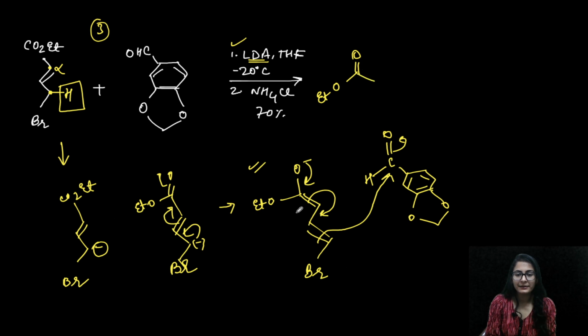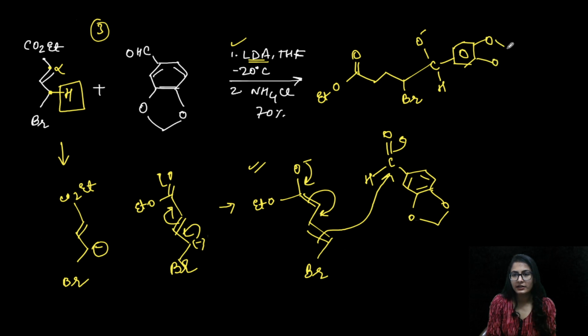And yes, how many carbons? 1, 2 and 3. So 1, 2 and 3. Let me write the bromide over here, and let me write the carbon over here, O minus, and there was also a hydrogen, and yes, benzene and the acetyl part.